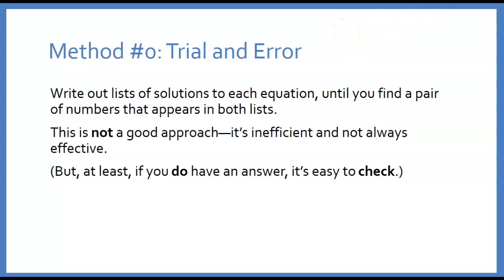It's not always going to work. When it does work, it might take you a long time. You might have to write out lots and lots of possibilities before you find one that works. So that's not really a method. That's why I called it method 0. It happened to work on that example we were looking at, but it's not, in general, a good way to find a solution to a system.